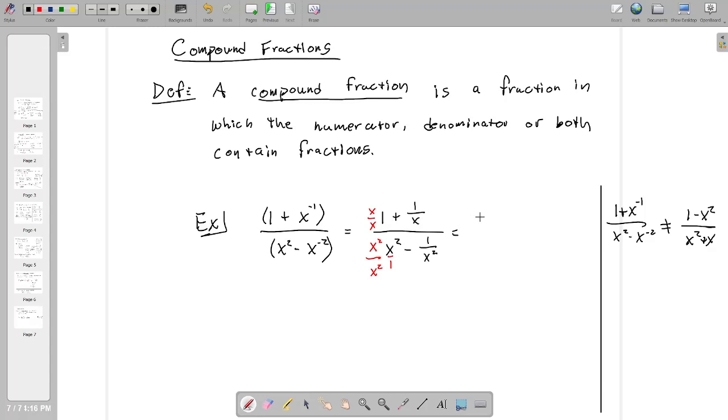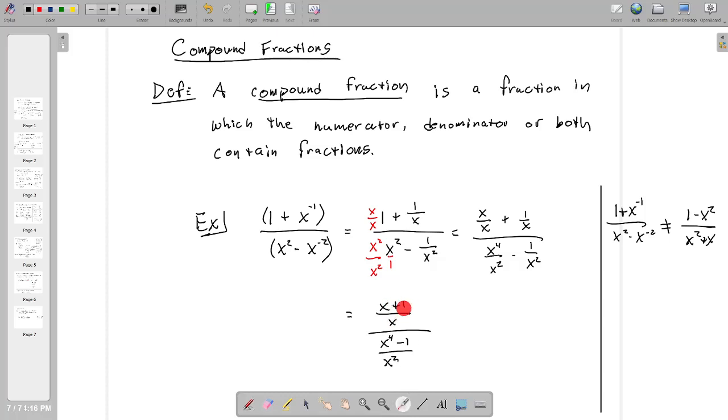So we would end up with x over x plus 1 over x in the top, and in the bottom we would have x to the 4th over x squared minus 1 over x squared. Now this means that we can add the two fractions on top and add the two fractions on bottom because we have a common denominator of the respective fractions. So we get x plus 1 over x, and on the bottom we have x to the 4th minus 1 over x squared.